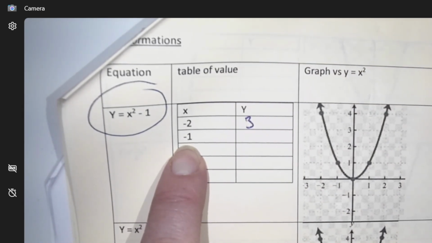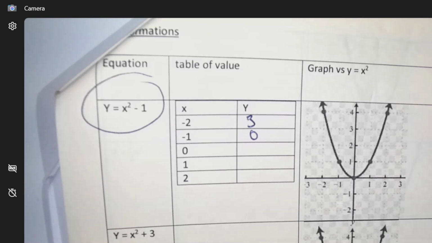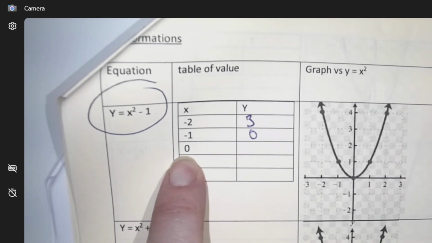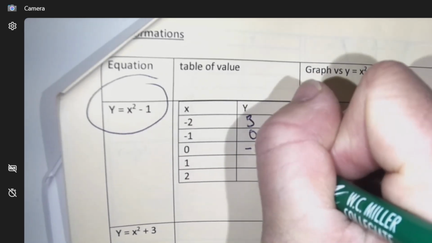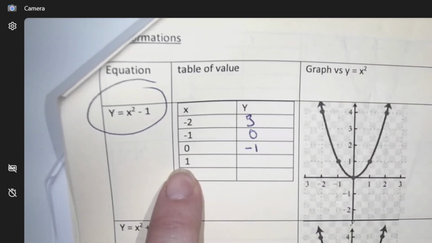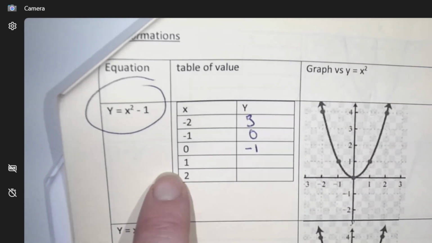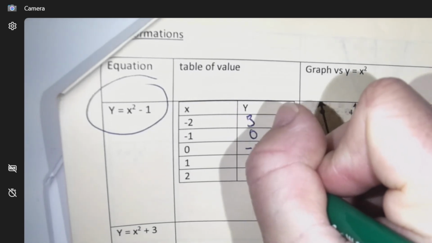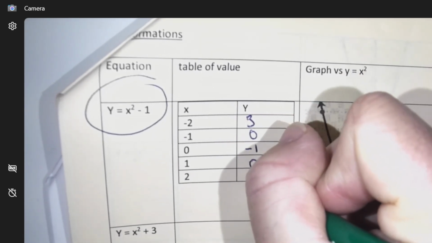Negative 1 squared, 1. Subtract 1 is 0. 0 squared is 0 minus 1. 1 squared is 1 minus 1, 0, 3.